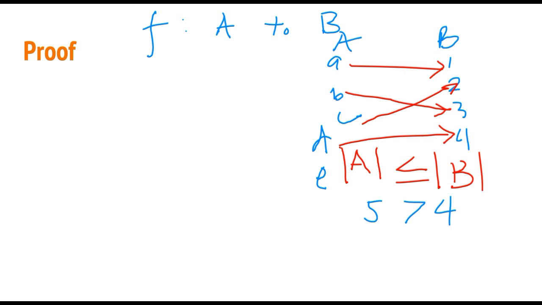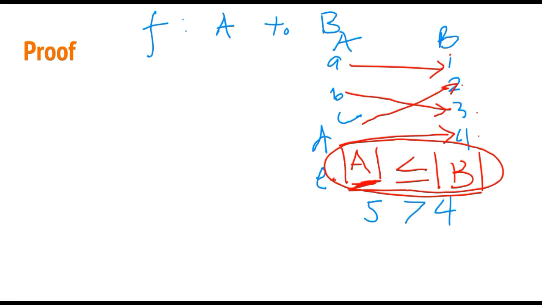After that, the E cannot be assigned without duplicating the assignment from the previous domain elements. If you assign this to either 1, 2, 3, or 4, that is already a violation of this rule. Therefore, for a one-to-one function to exist, the cardinality of A should be less than or equal to that of B.